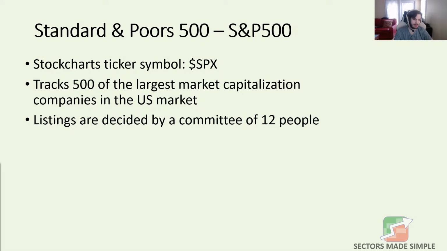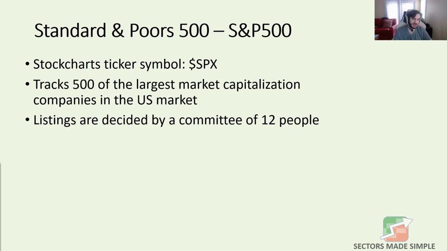There are 12 people that sit at the head of the table and decide what companies make it onto the S&P 500. Now, there are requirements, there are things that you need to have in order to make it to the S&P 500, but just because you have those things doesn't mean you're getting into the club. They still get to say if you get to be a part of the S&P or not.